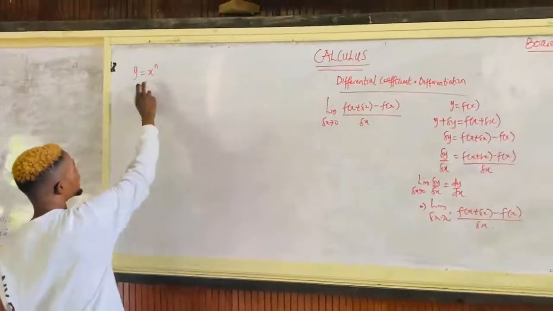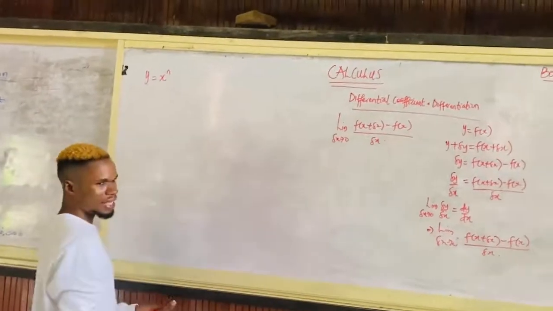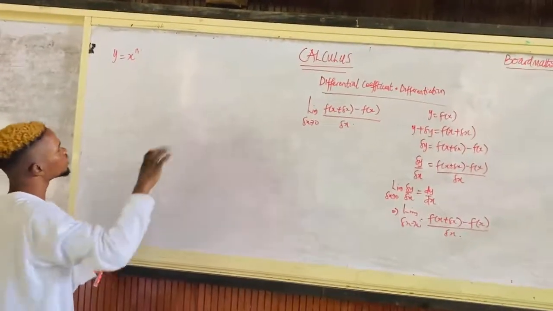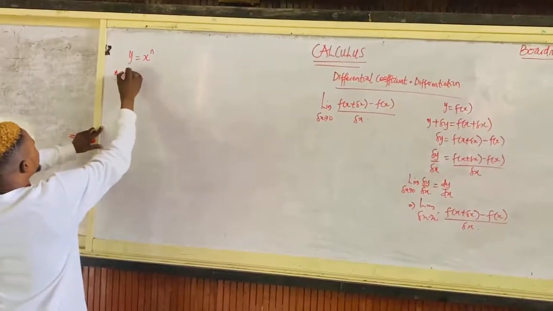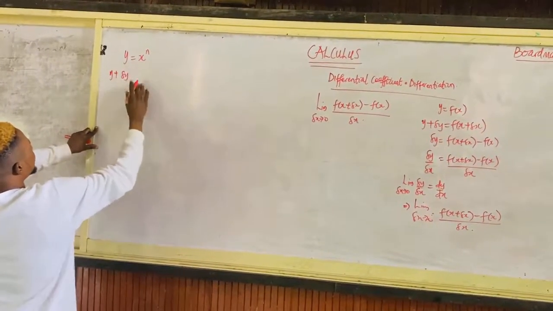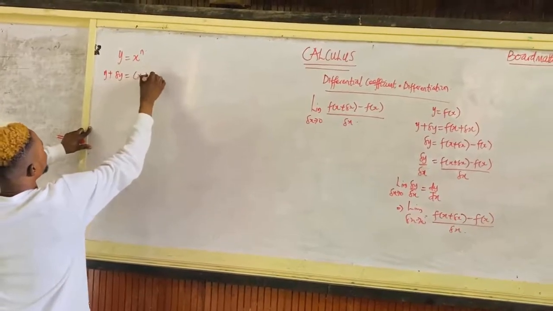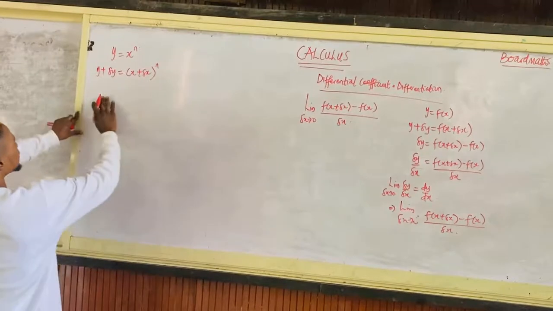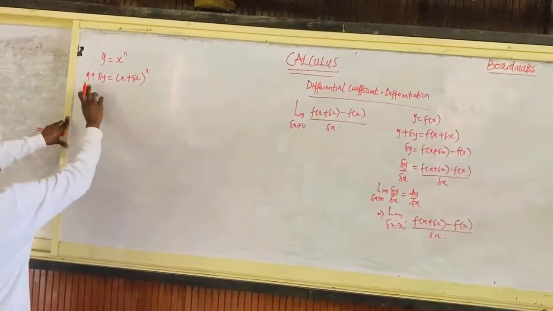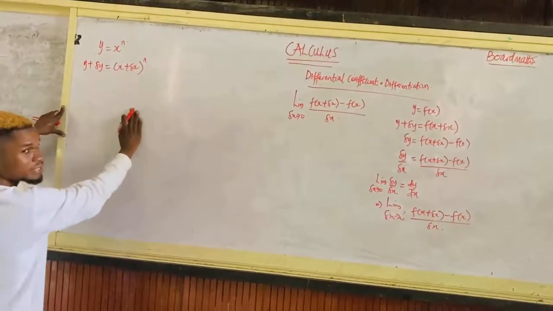If there's an increment in x, then y receives an increment in y. So y plus del y is equal to x plus del x raised to power n.